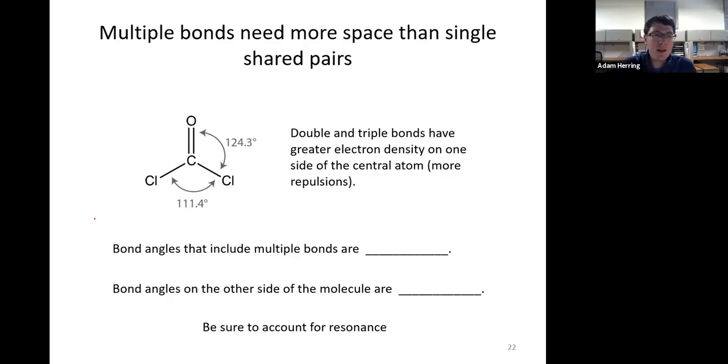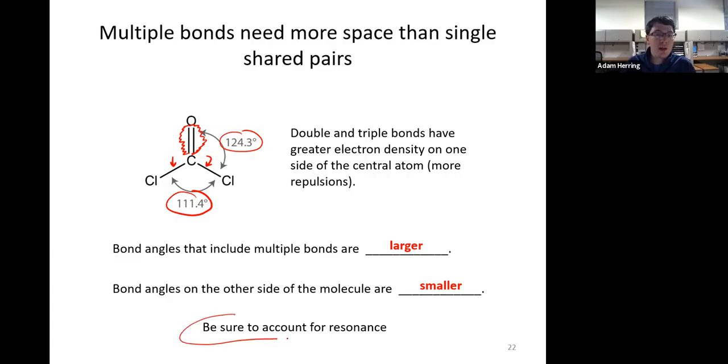What that means then is that the bond angles that include the multiple bonds, as indicated here on the right, are larger, whereas the bond angles opposite the double bond are going to be smaller. You can think of it as the double bond occupying more space. It squishes these elements closer to each other, which reduces the bond angle between them and increases the bond angle next to the double bond.